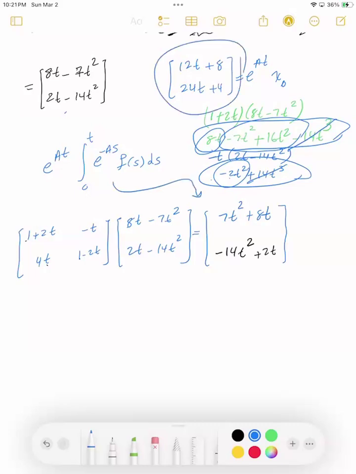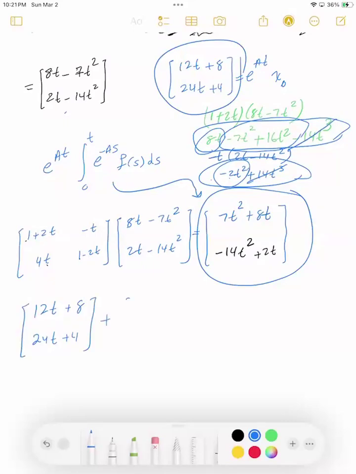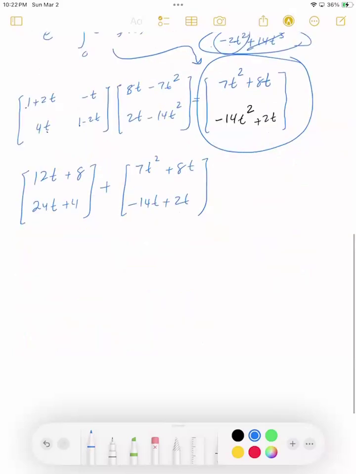I want this piece and this piece to be added. I have 12t plus 8, 24t plus 4. I want to add it to 7t squared plus 8t, minus 14t squared plus 2t. So the like terms are, these two are like terms.